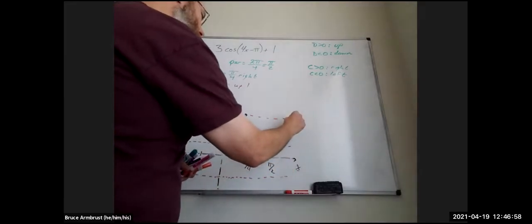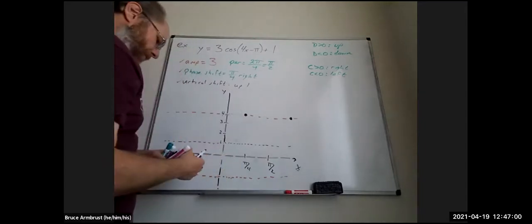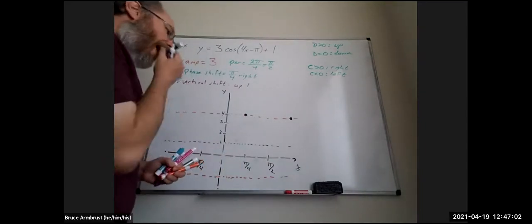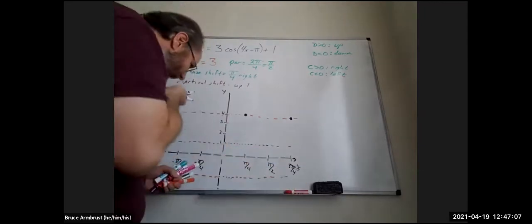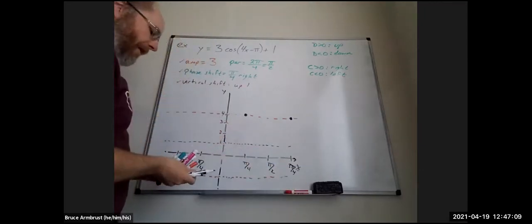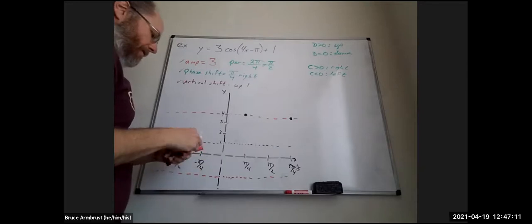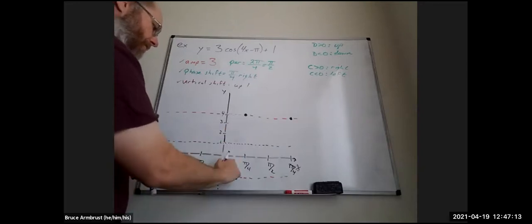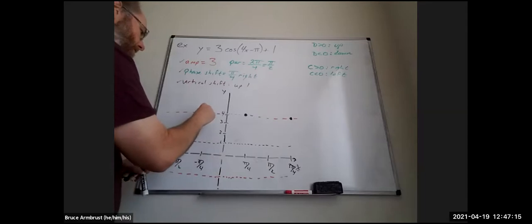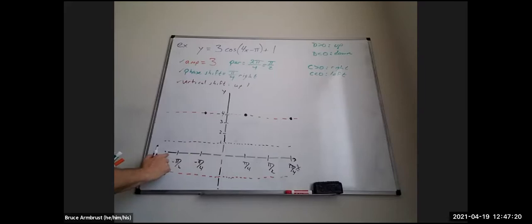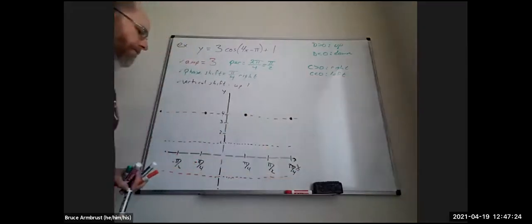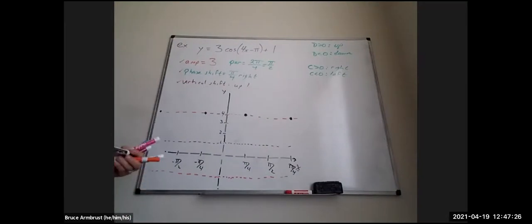I should get another maximum. If I go left, 4 tick marks, I should get another maximum. So 1, 2, 3, 4. Go right another 4, or left another 4. 1, 2, 3, 4. Go right another 4, and so on. All right, so that took care of my period.